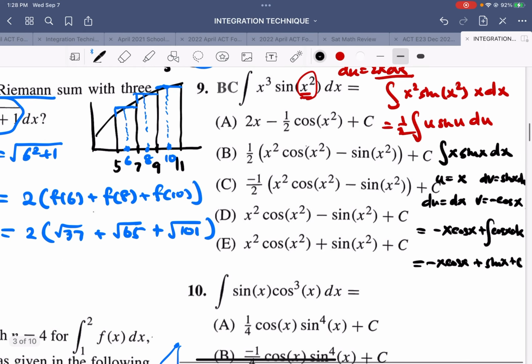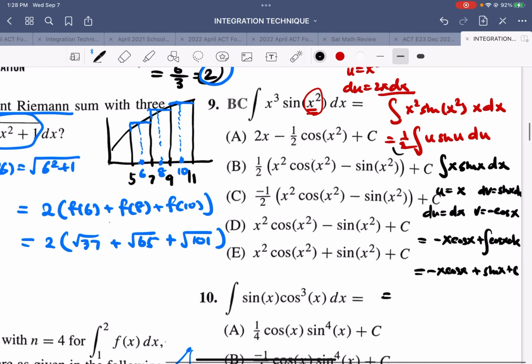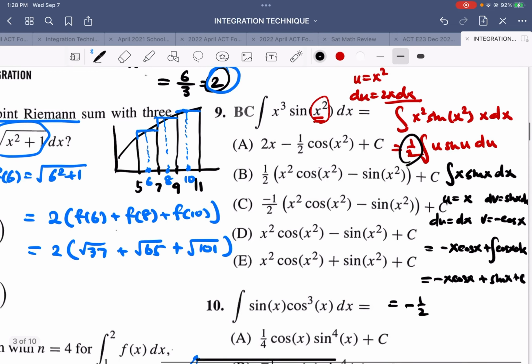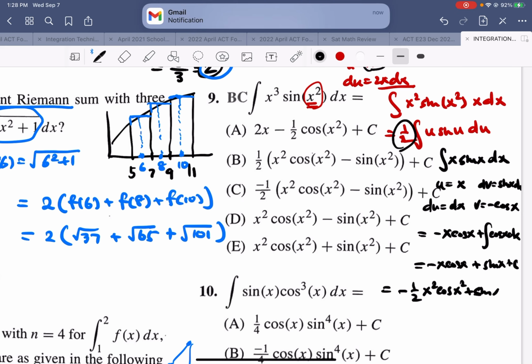But now what I'm gonna do, I still need to multiply by 1/2, so negative 1/2. My x was u, which is x squared, right? So this one is x squared, and cosine x squared plus sine x squared plus c.